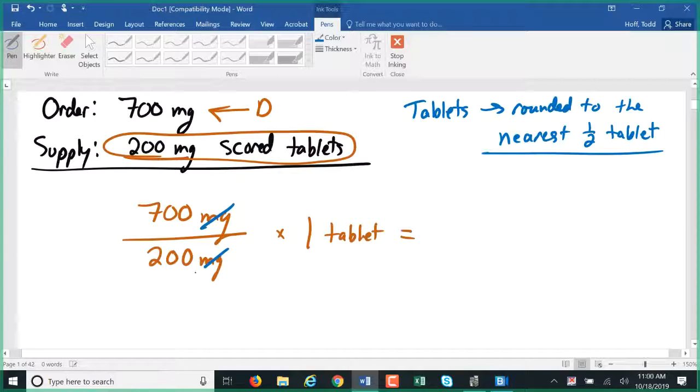So the milligrams cancel out. If you calculate this, it'll be 700 divided by 200 times one tablet. 3.5 tablets. If you left it like that, that's okay.